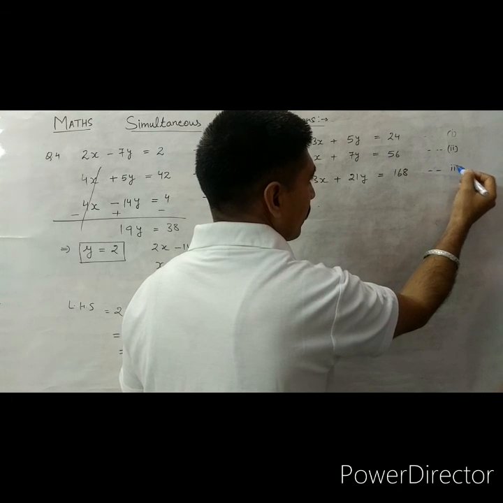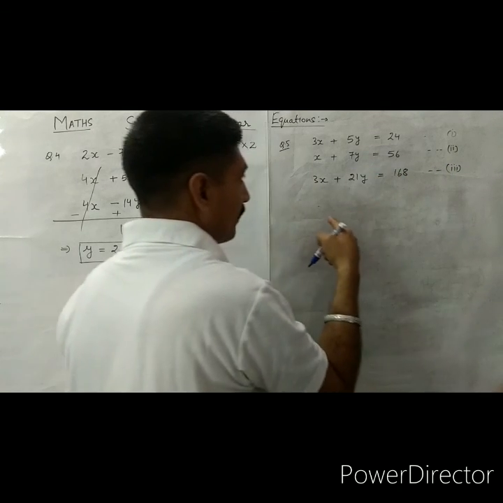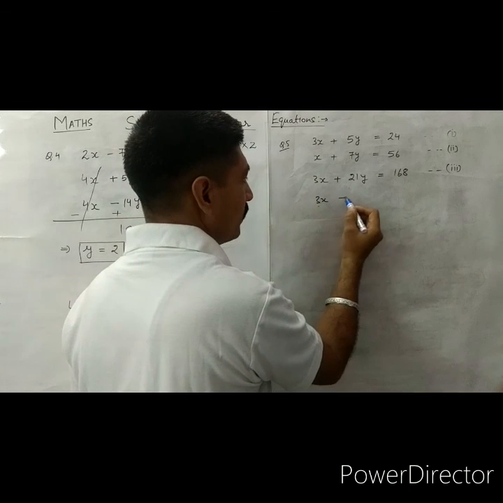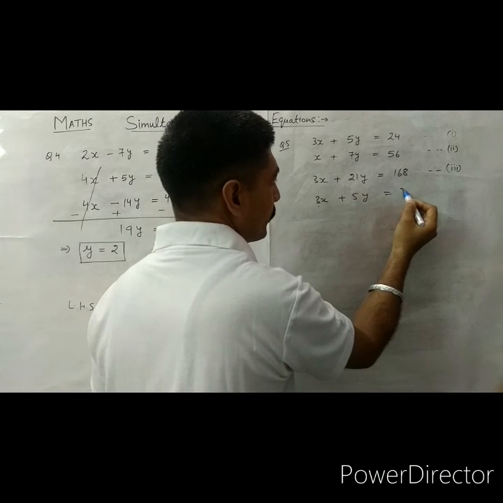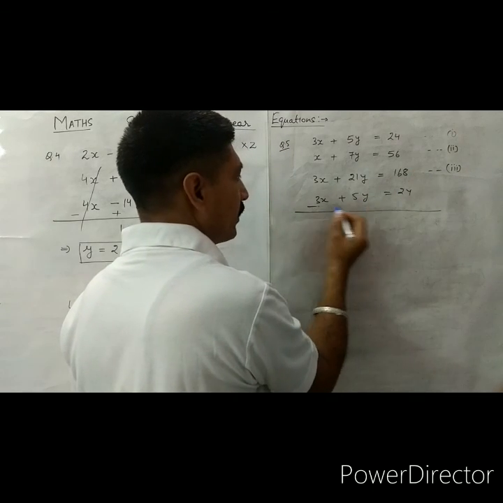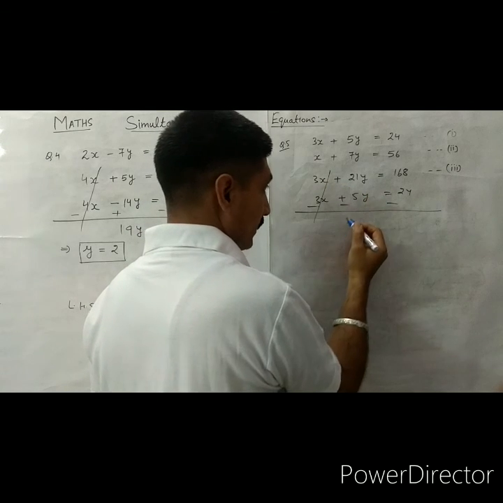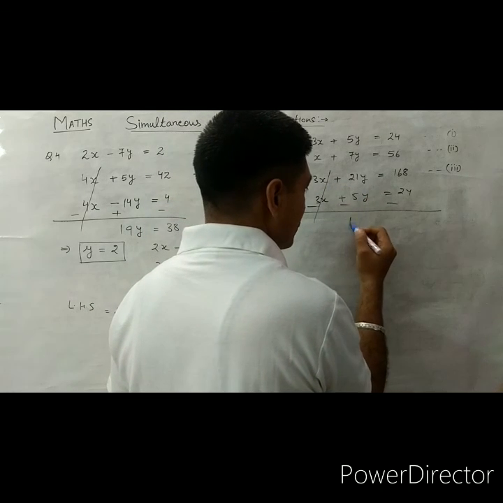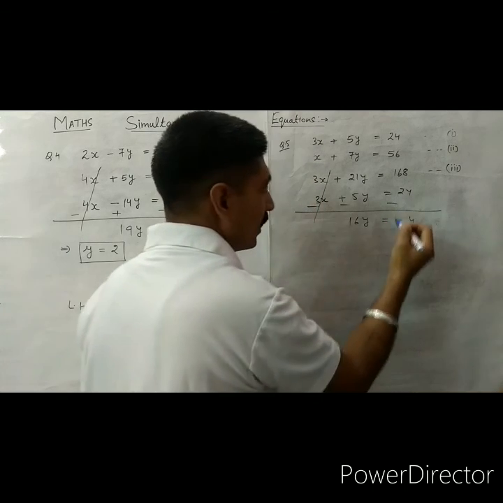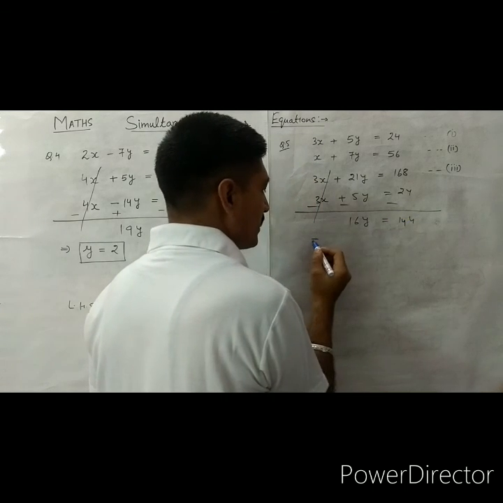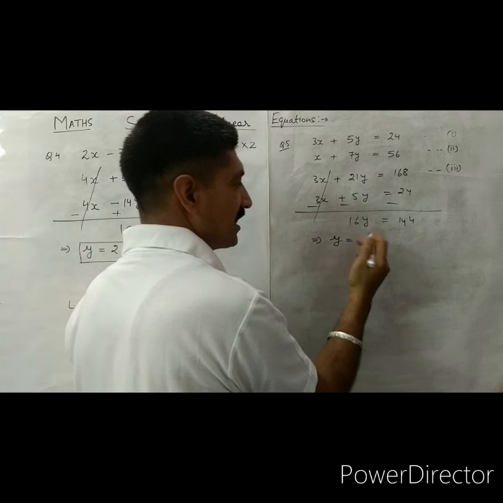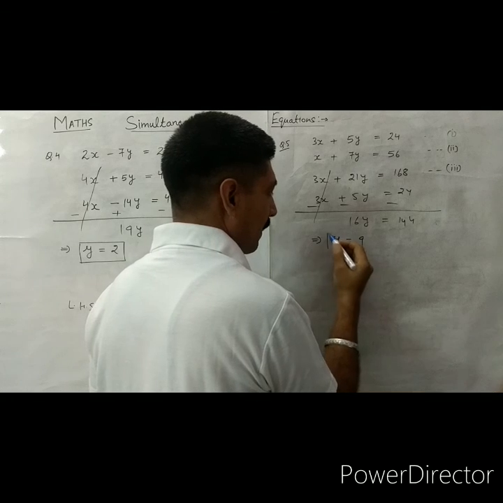Again, for elimination from 1 and 3, if this is equation number 1, 3x plus 5y is equal to 24. Subtracting 1 from 3, we get 16y is equal to 144. So hence y is equal to 144 upon 16, which is 9.